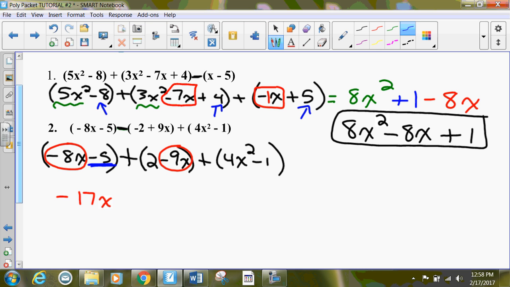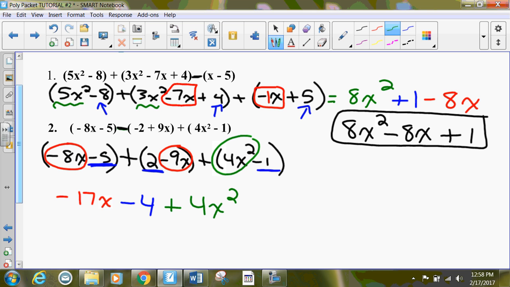I have a negative 5 plus a 2 minus a 1. Put that in your calculator and you should get negative 4. And then what do we have left? We just have one term left that we haven't used, and that's this plus 4x squared.